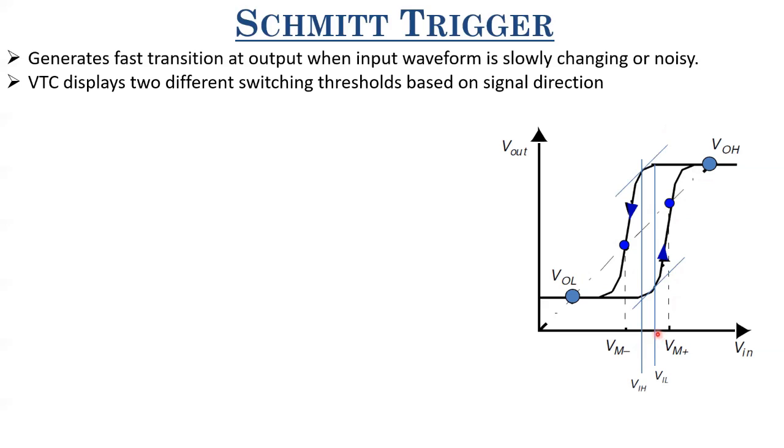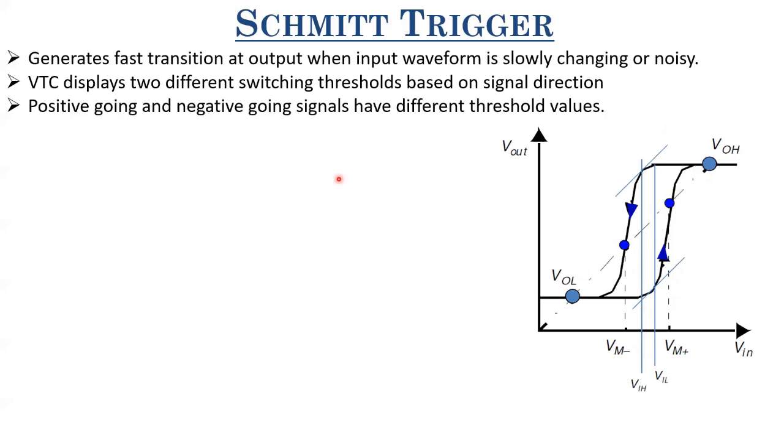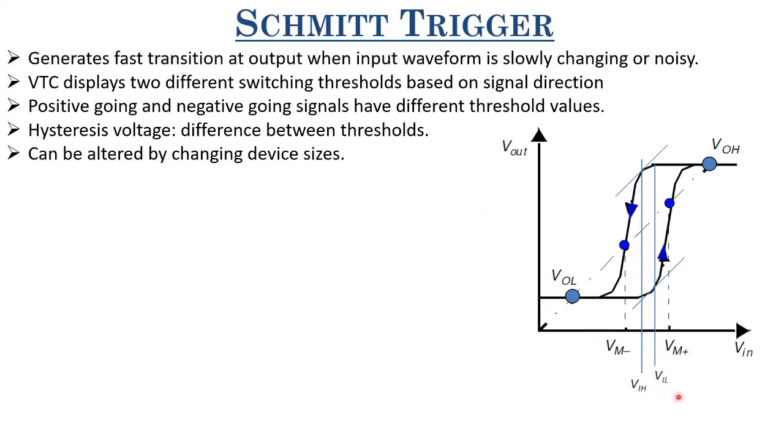Now what can you say about the noise margins? The best part about this is that positive-going and negative-going signals have different threshold voltages, fine. And what is the hysteresis voltage? The hysteresis voltage is basically the difference between these two threshold voltages, VM plus minus VM minus. I have shown VIH and VIL because they determine the noise margins.